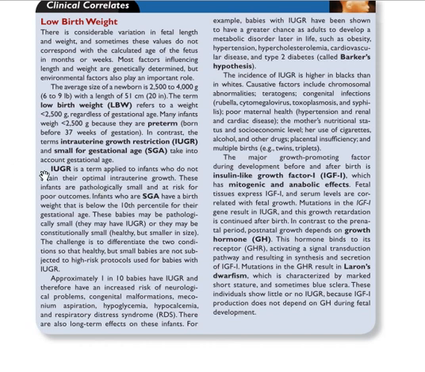Symmetric intrauterine growth restriction occurs when the head circumference, the length, and the chest circumference reduce proportionately. While asymmetric intrauterine growth restriction occurs where the head circumference is normal but the length and the weight are small for gestational age. Is it clear?